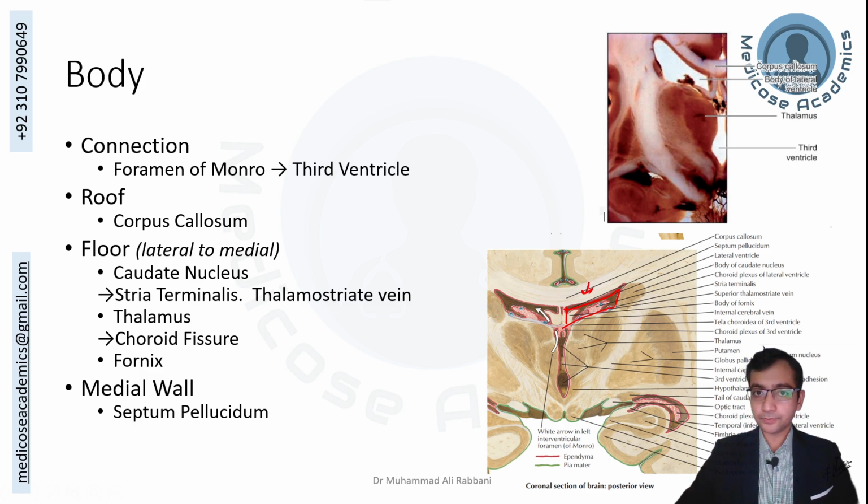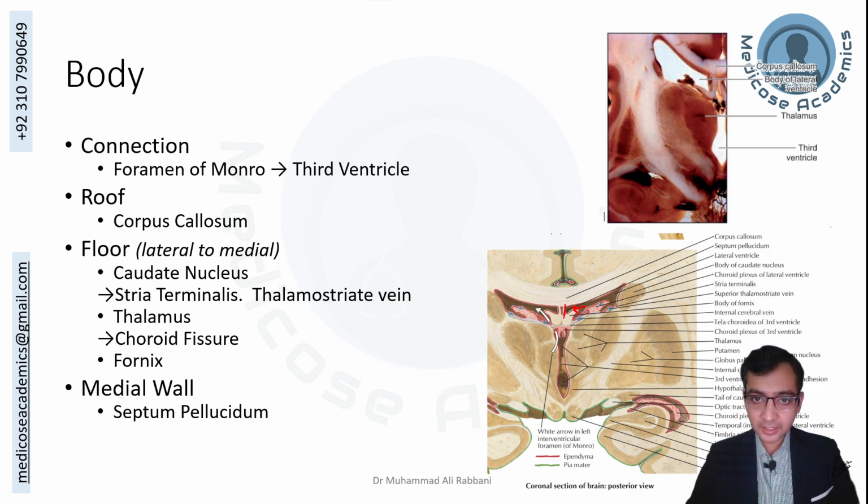On the top, superiorly, its roof is made by this corpus callosum. This is the corpus callosum, midline crossing fibers that connect the two hemispheres. If you are interested in seeing the detailed structures of those, follow us for our lecture on the interior of the cerebrum: the lateral aspect, the medial aspect, and the inferolateral aspect.